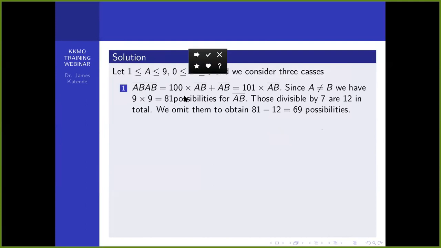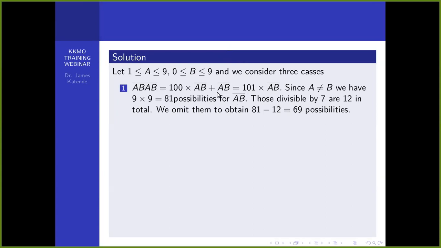Now you can write this out as 100 multiplied by the 2-digit number AB, then you add the 2-digit number AB. So this is the same as 101 multiplied by AB. So we need to find numbers which are divisible by either 101 or 7, but not both.